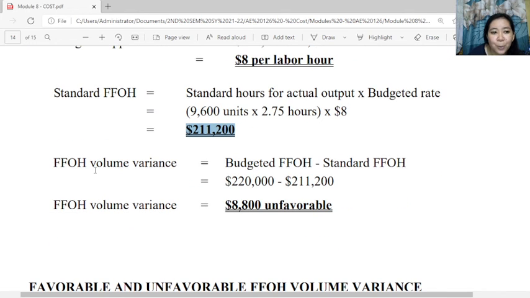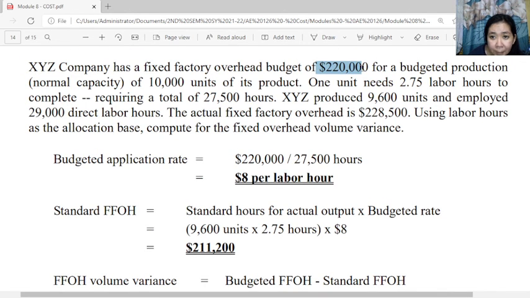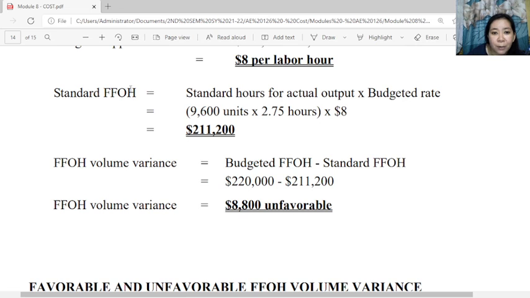To compute our volume or efficiency variance, this is equal to budgeted fixed factory overhead minus the standard fixed factory overhead. Budgeted factory overhead is 220,000. This is given in the problem. For our standard factory overhead, we computed it earlier: 211,200. Therefore, our fixed factory overhead volume variance is 8,800 unfavorable.